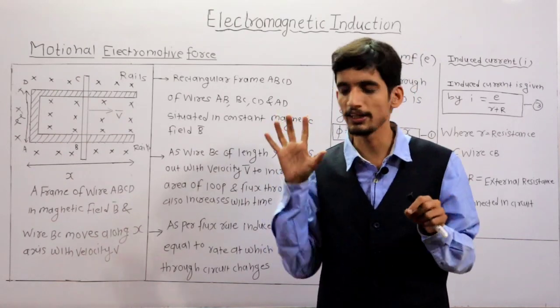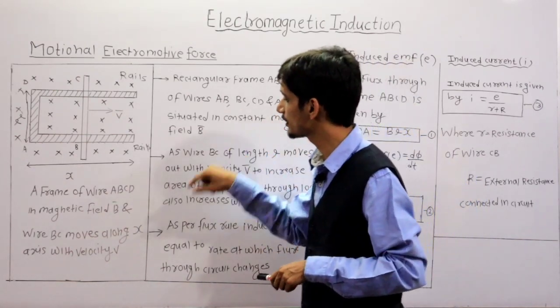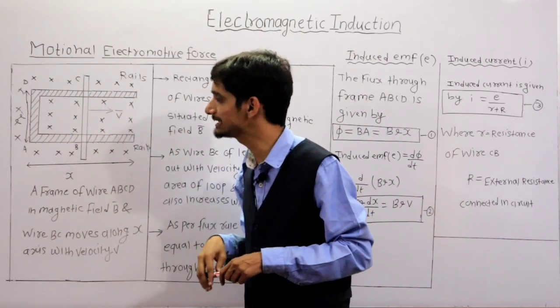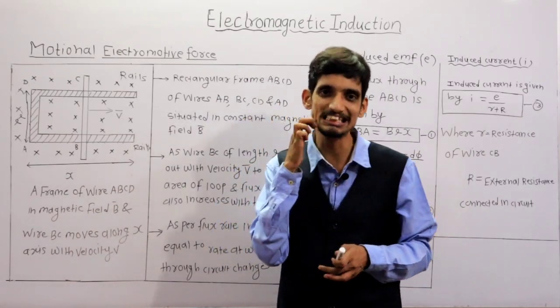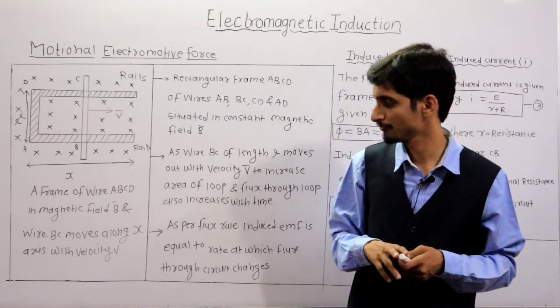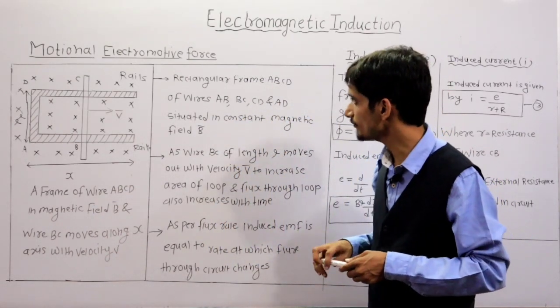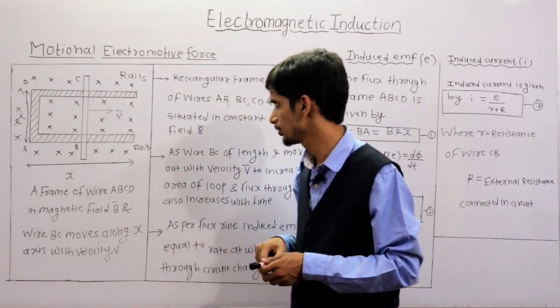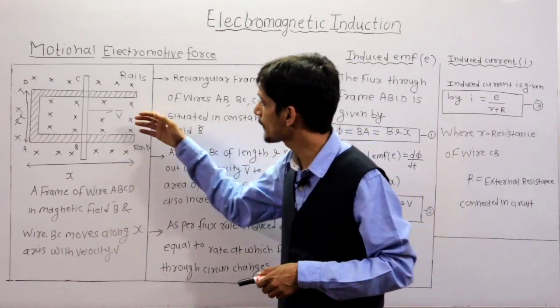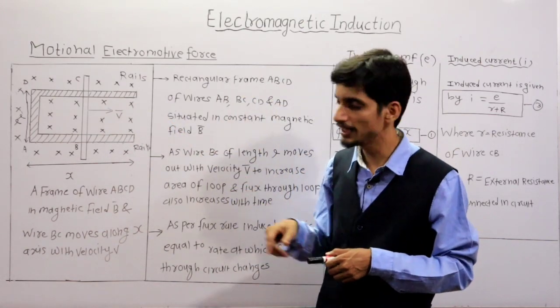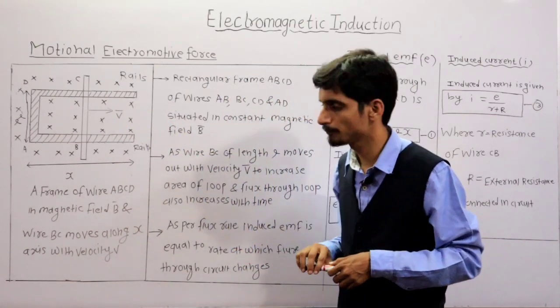That is motional EMF. Now consider a rectangular frame ABCD which is formed by the four wires AB, BC, CD and AD. Now wire BC is moved along the x-axis as we apply a force on it, and it moves with velocity v.